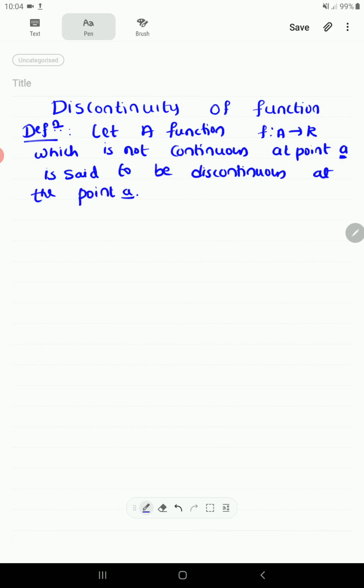So basically, if the function is not continuous, we call that function a discontinuous function.